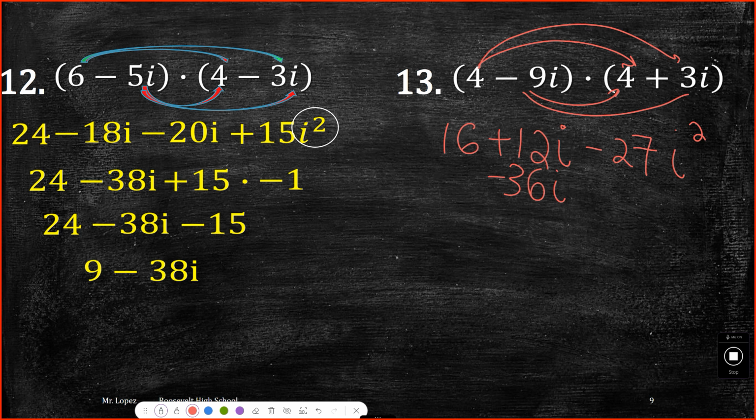This pattern follows all the time, where this is going to be negative 1, and then a negative times a negative is a positive 27. 27 plus 16 is 43. And then the imaginary part is minus 24i, right?